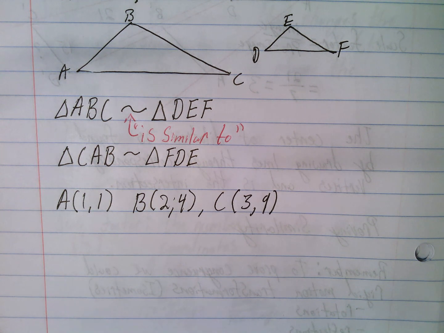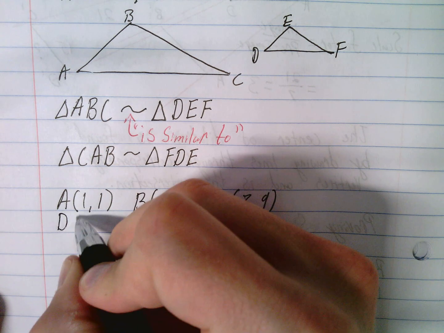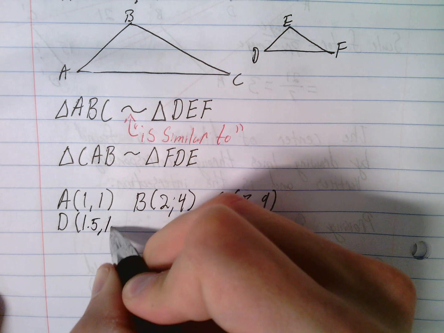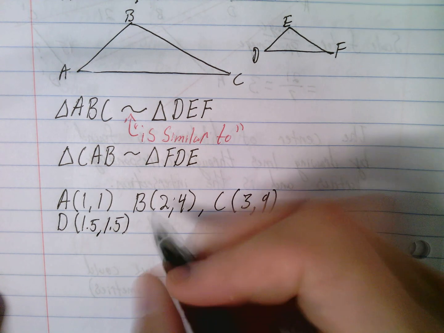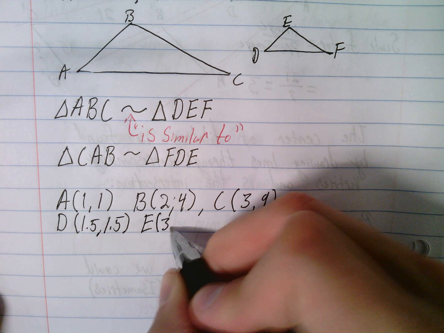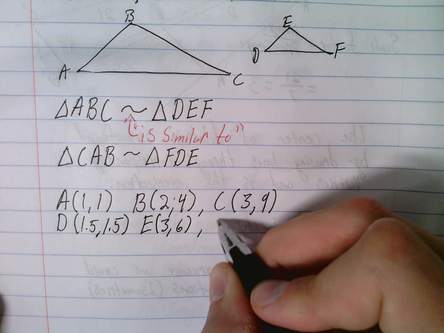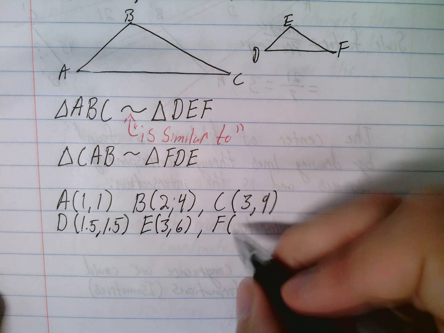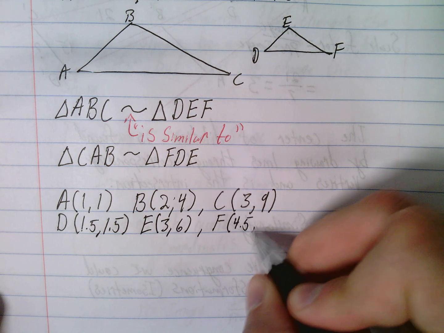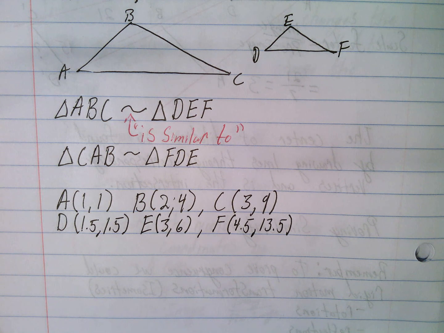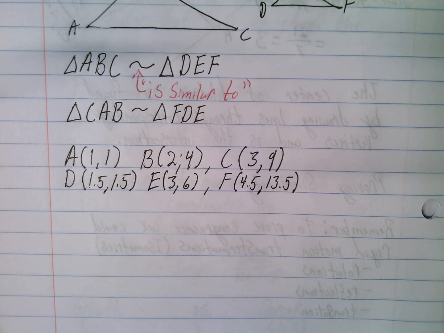And then somehow this shape gets changed, and it gets changed to this. D is 1.5, 1.5. E is at 3, 6, and F is put at 4.5 and 13.5. I want to know, are these figures similar?